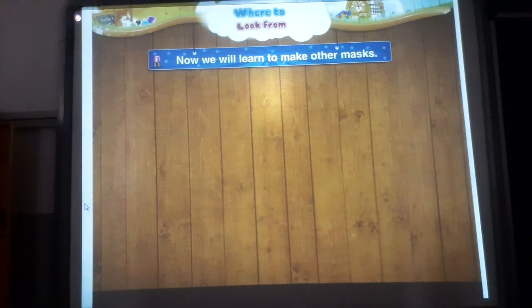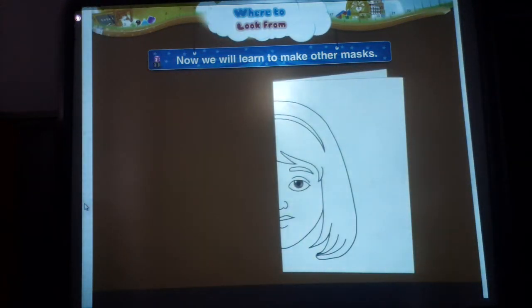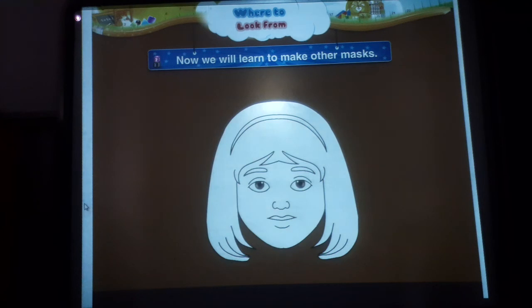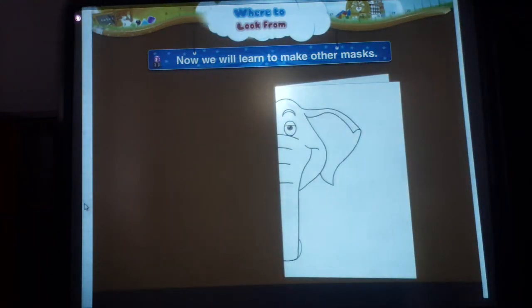Now we will learn to make other masks. See this picture. It is a half picture of a girl. If you open the paper and draw the remaining half part exactly like the one drawn here, then the full picture of the girl will be formed. In the second picture, half part of an elephant's face is shown.